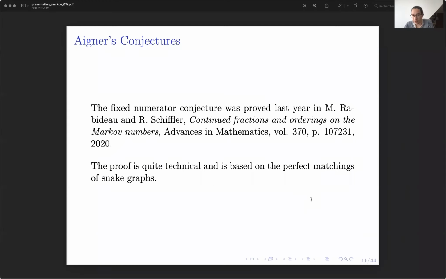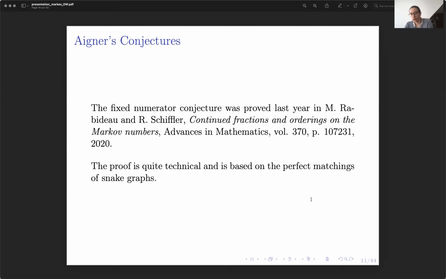And the first one of these was proved last year by M. Rabideau and R. Schiffler in this article. And their proof was quite technical and based on perfect matchings of snake graphs.